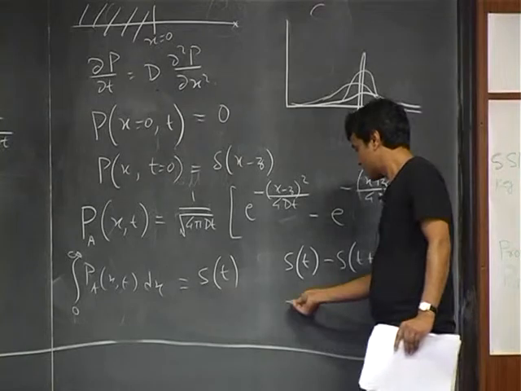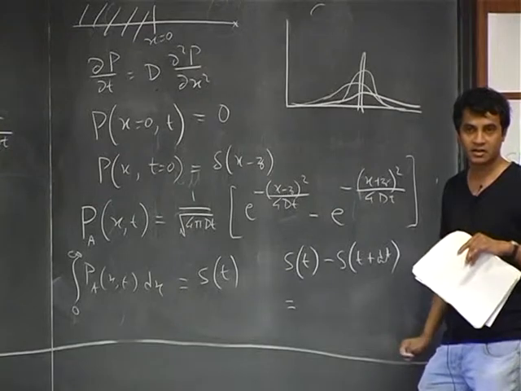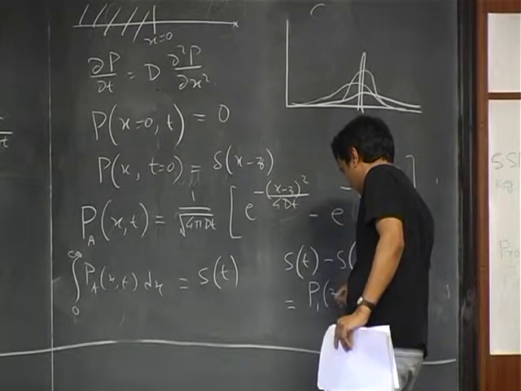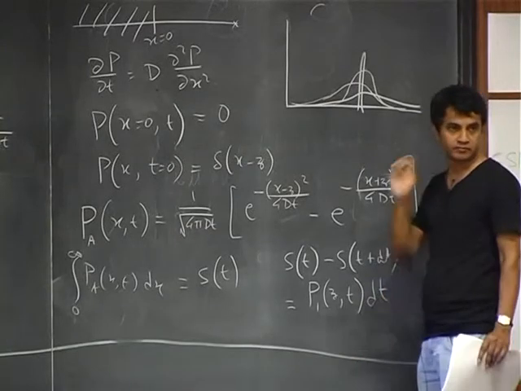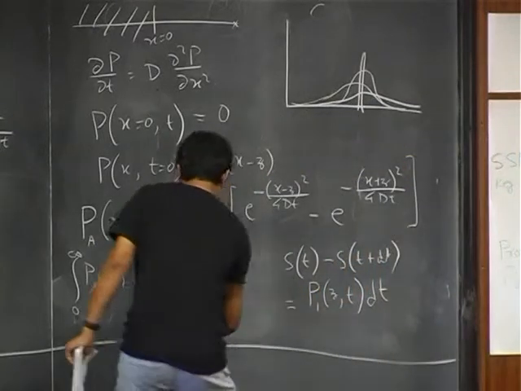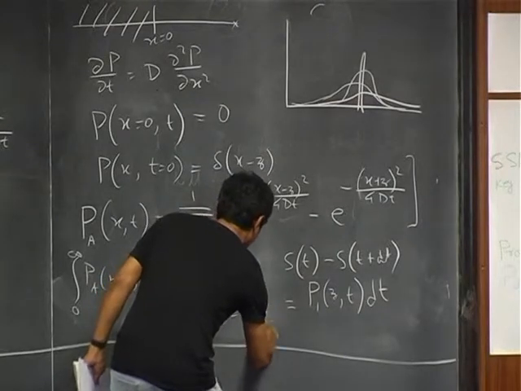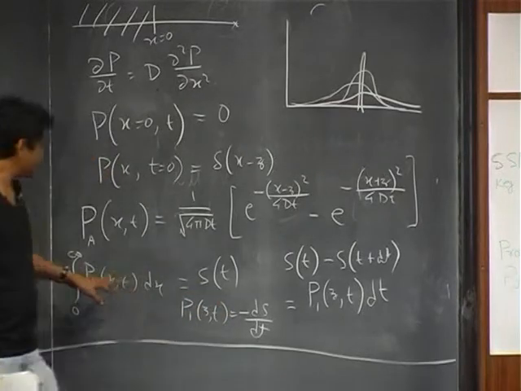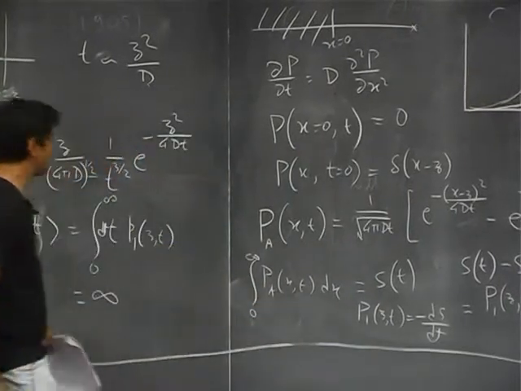So this difference must be the probability that it got absorbed between times t and t plus dt, right? So therefore, by doing this integral and taking a time derivative, you can find the probability that it hits between time t and t plus dt.